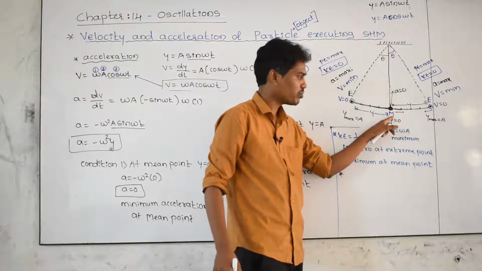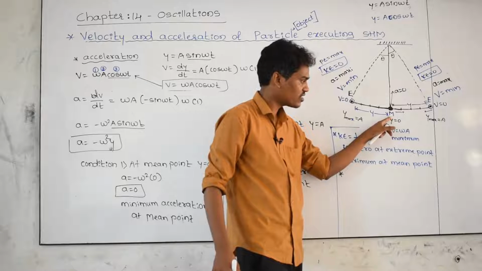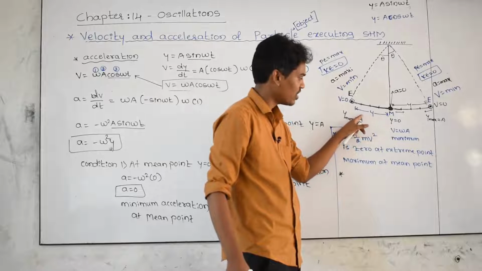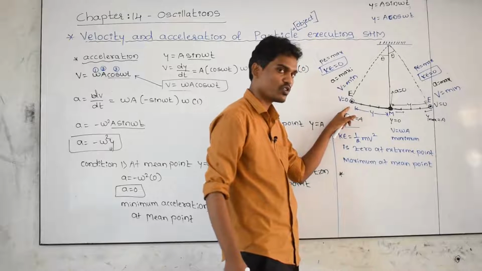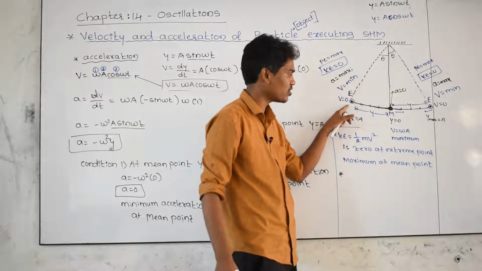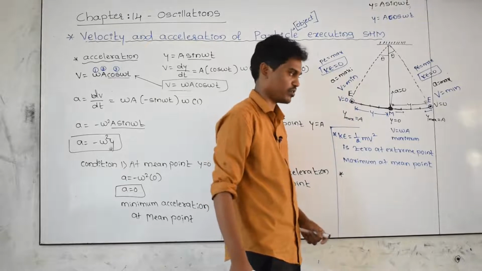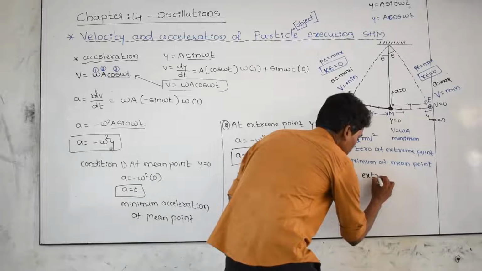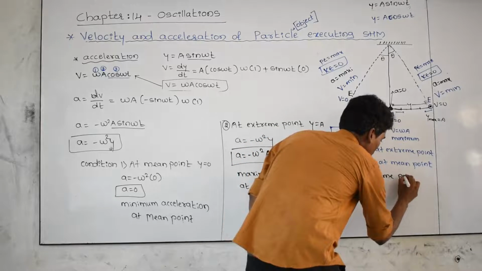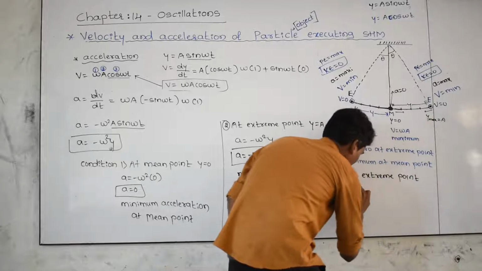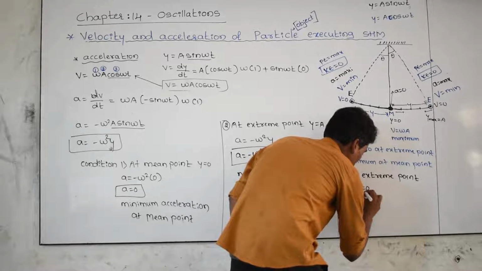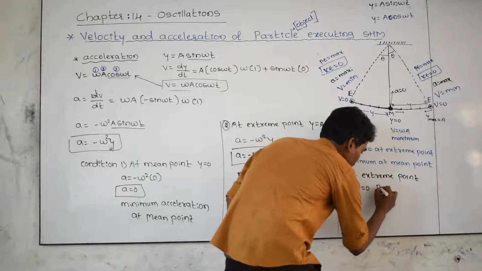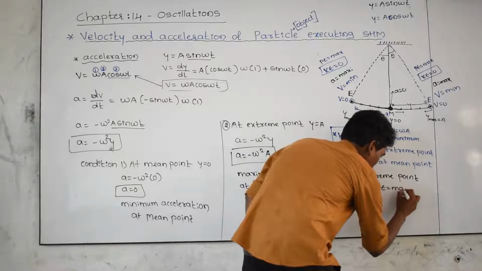Once the body crosses the mean point, velocity and kinetic energy go on decreasing, potential energy goes on increasing. At this point velocity is 0, kinetic energy is 0, potential energy becomes maximum. Therefore at the extreme point kinetic energy is equal to 0 because velocity is equal to 0, and potential energy becomes maximum.